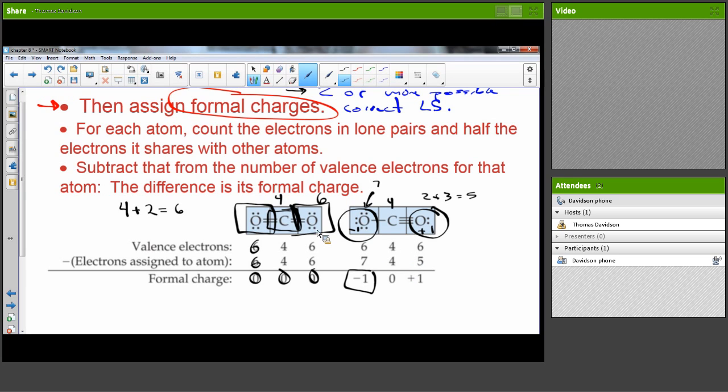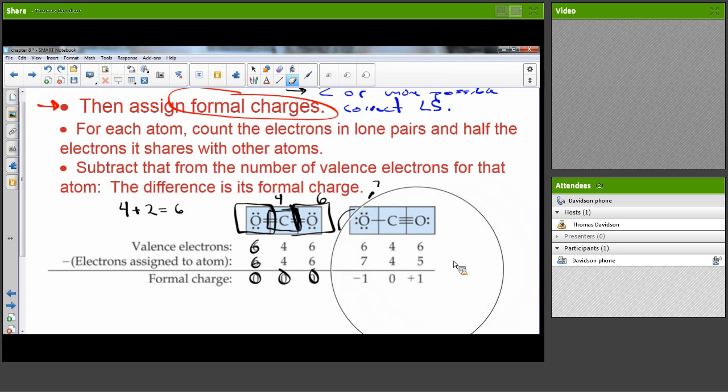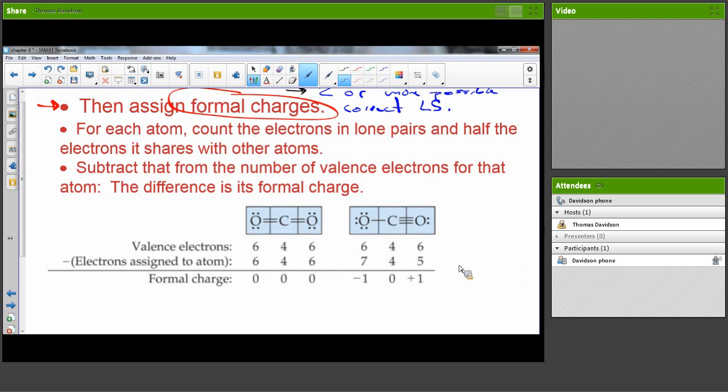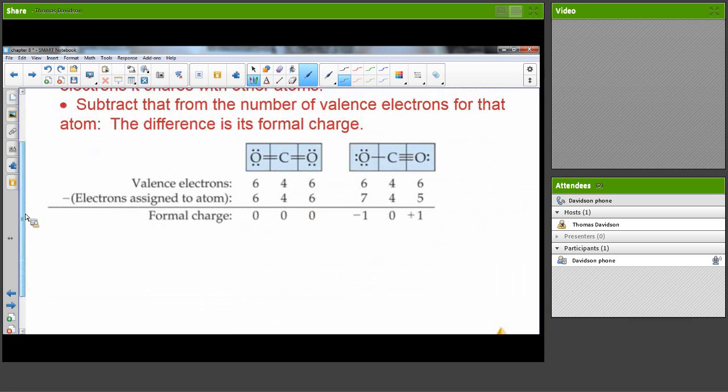So when we have two Lewis structures that will work, we select the correct one to be the one that has the fewest numbers of formal charges. So this has 0. Or we choose the one that puts the negative on the most electronegative atom.